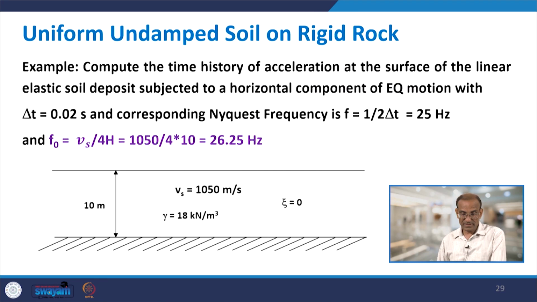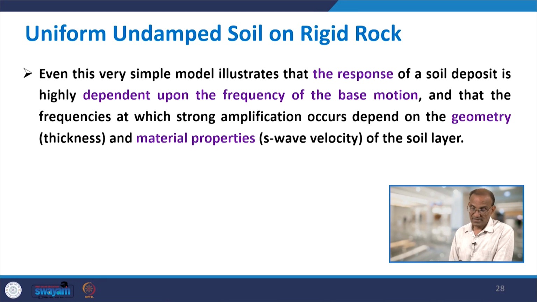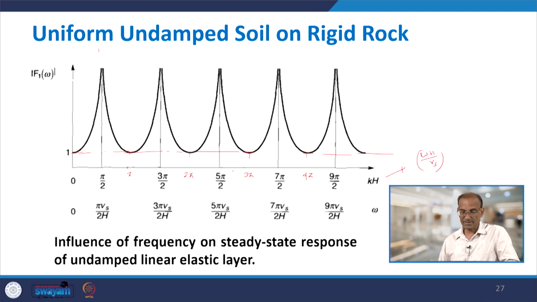Now, in this very simple model, the response of the soil deposit is highly dependent upon the frequency of the base motion, and the frequency at which strong amplification occurs depends on the geometry and material properties, that is the S wave velocity of the soil layer.